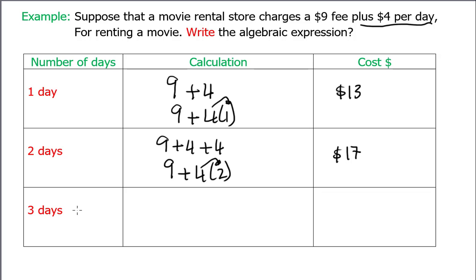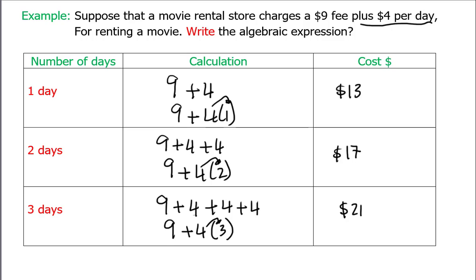For 3 days, we have 9 plus $4 for day 1, $4 for day 2, and $4 for day 3. We can see 1, 2, 3, so we write $9 plus $4 times 3. 4 times 3 is 12, and 9 plus 12 is $21.